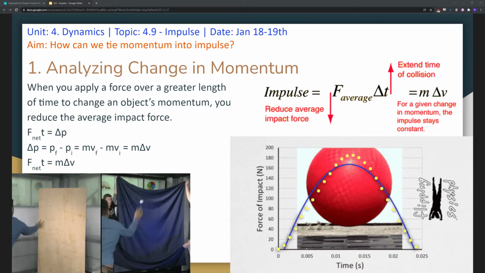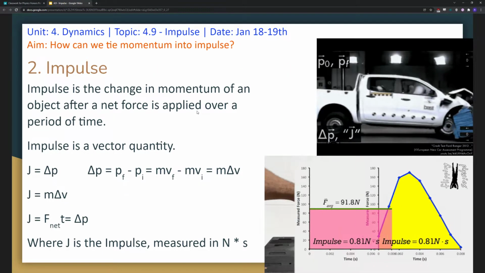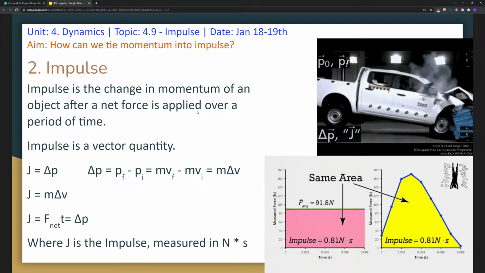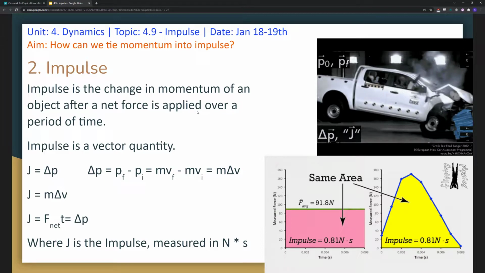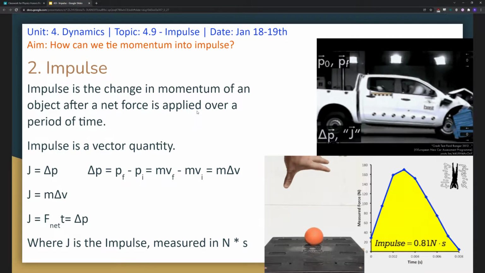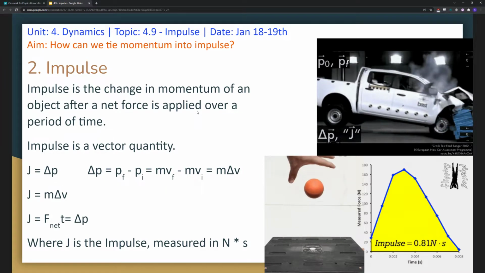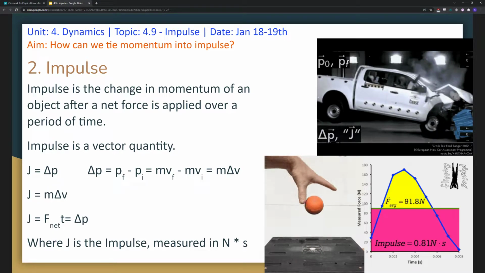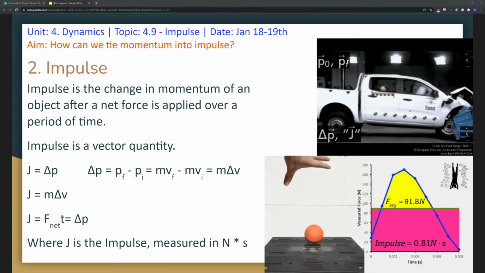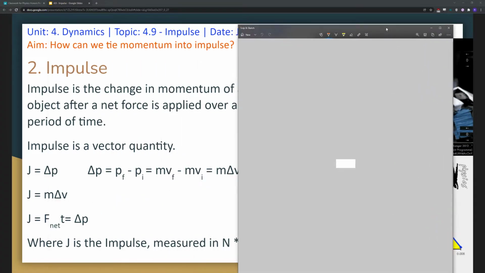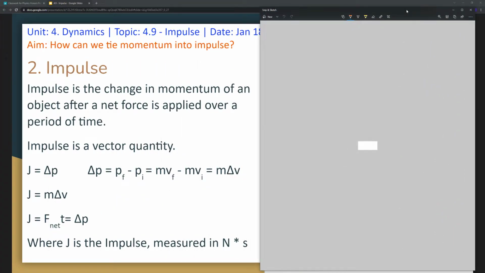Let's move on. So we're going to move on to impulse. Again, impulse is your change of momentum of an object after a net force is applied over a period of time. Impulse is J and is equal to delta P. This is explicitly on your reference table.